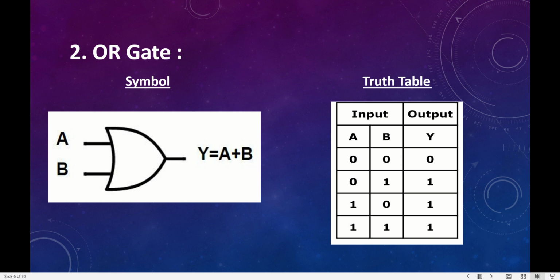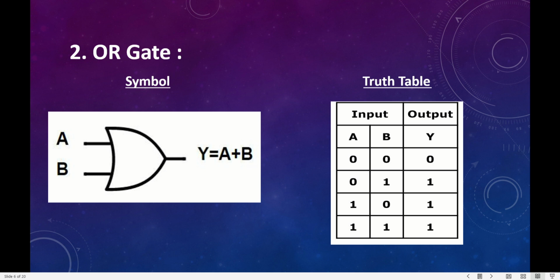This shows the symbol, and there is the truth table, with 2 inputs and 1 output. If the input signal is going to the circuit, then we represent it as 1, and if the input signal is not going to the circuit, then we represent it as 0.